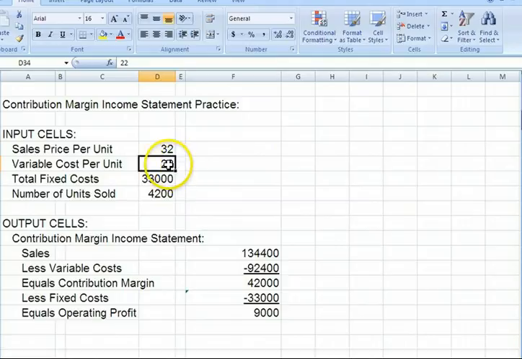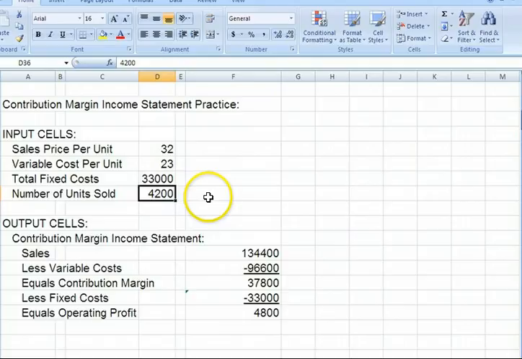If variable costs go up, they were $22, but I increased some advertising per unit or pay a sales commission to my salespeople to sell these items. If I give them $1 a piece, that means the variable cost per unit, instead of being 22, might be 23. So I'll change that. Again, watch the numbers down here. Instead of 42 and 9, making that change gets me down below 38,000 and below 5,000 down here.